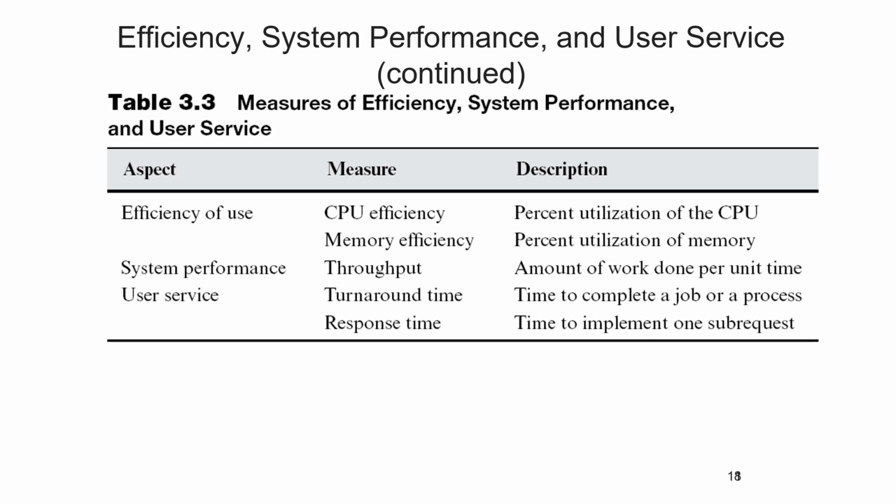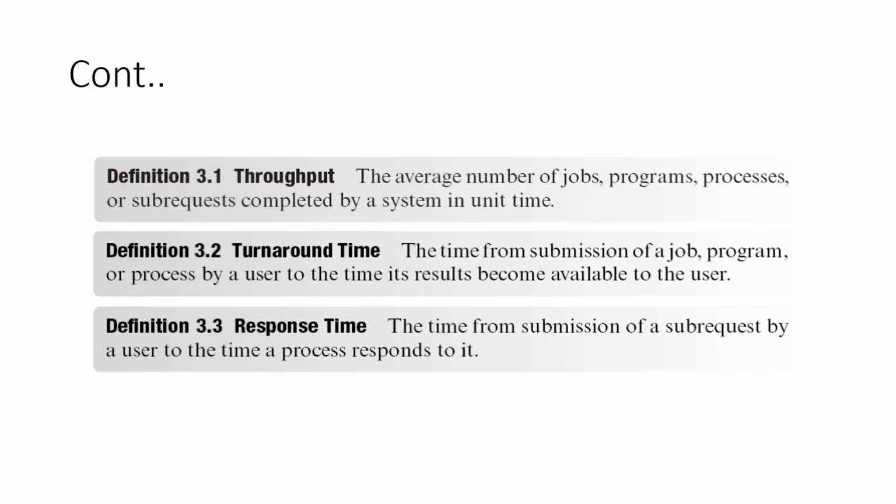So we'll see in detail about throughput, turnaround time and response time. The definition of throughput is the average number of jobs, programs, processes or sub-requests completed by the system in unit time. That is nothing but the number of requests from the user.